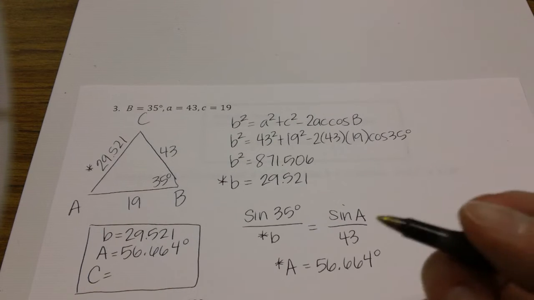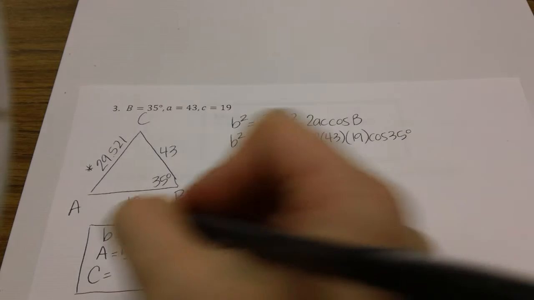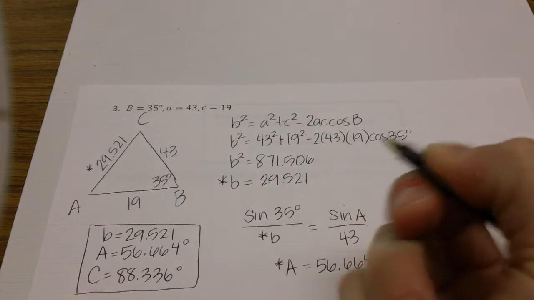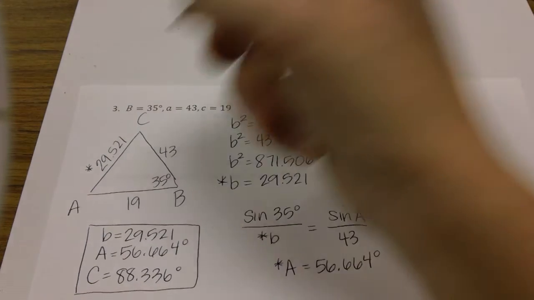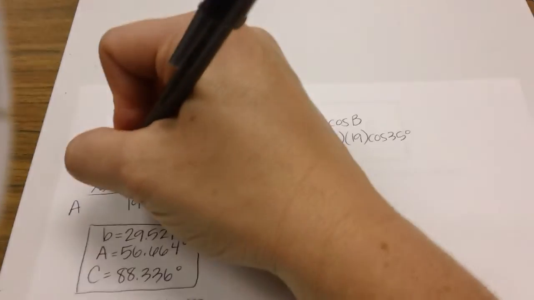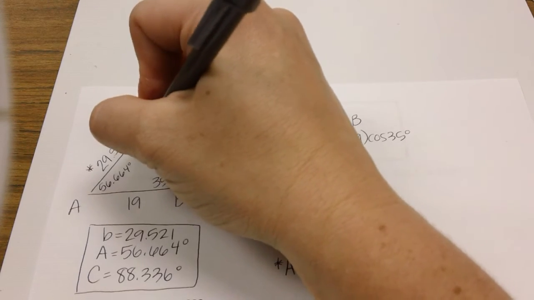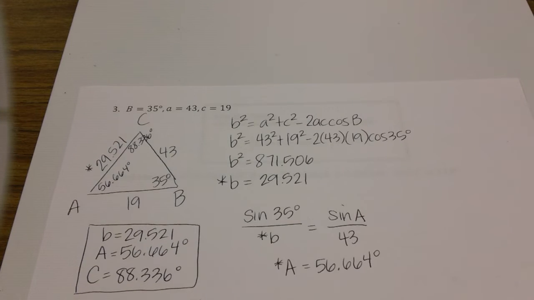And if we take 180 minus 35 minus 56.664, we're going to get 88.336 degrees. So that's just using the law of sines. Now let me enter in everything we got up here in our triangle so you can see this. Now I want you to take a minute and look at the triangle and see if you can figure out what is wrong with that triangle.